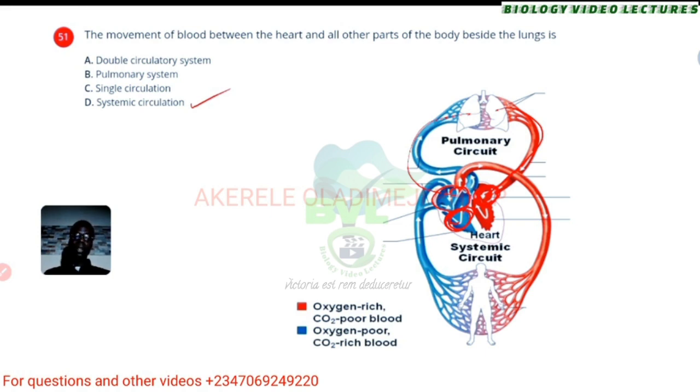While systemic circulation starts here and goes around the whole body like that. All of it comes back to here. That's why it's called systemic circulation. It says all parts of the body except the lungs.